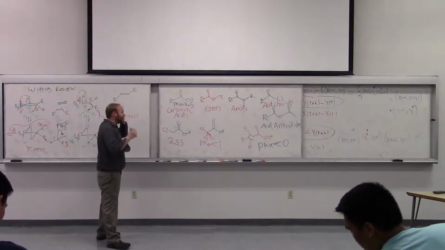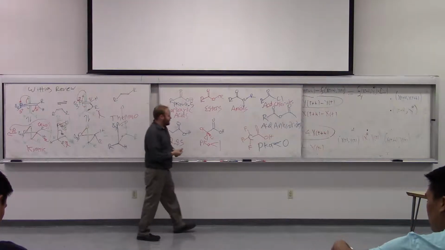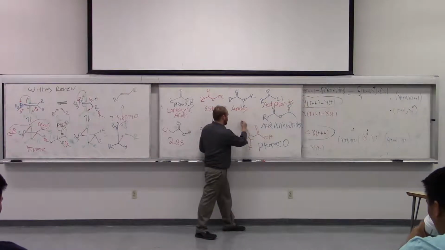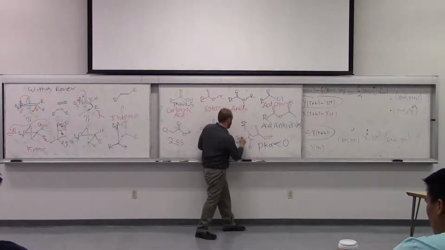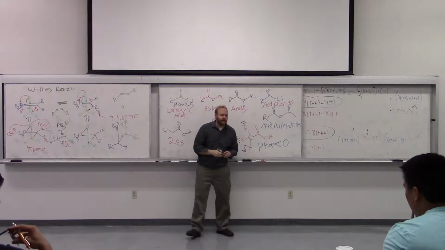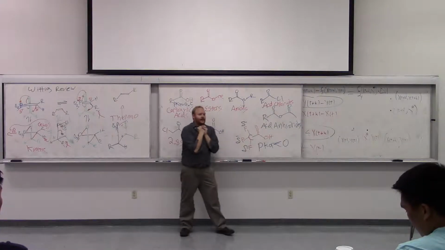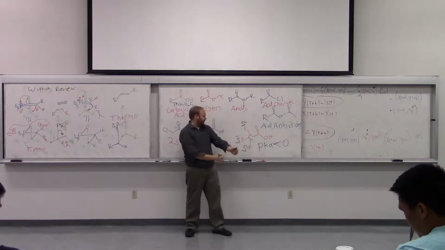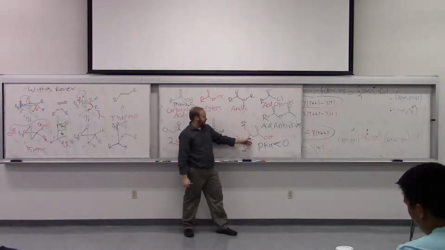And so the way this works with the inductive effect is, we'll do it for CF3. We have these fluorines, which are very electronegative, and so they like to take in the partial minus charge from the system. So they're withdrawing electrons through this bond from this carbon.